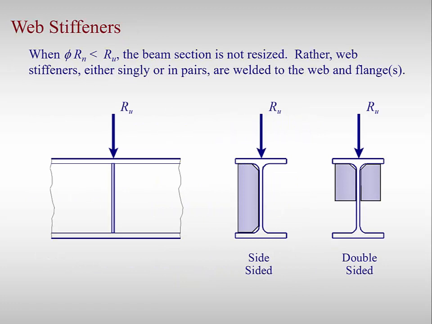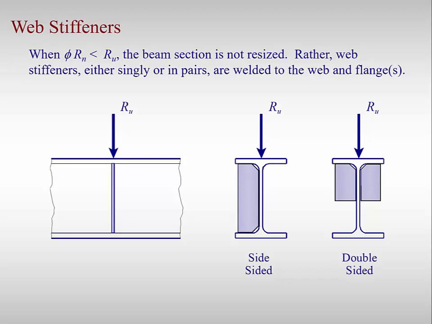If the computed design strength is less than the required strength, the beam need not be resized. Rather, several options are available. One, you can increase the length of the bearing plate. However, you gain only limited strength. A second option is to use web stiffeners.